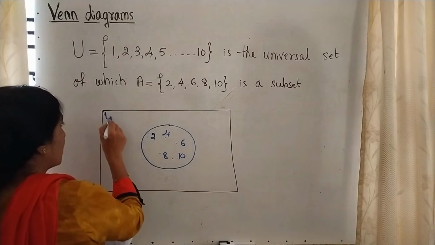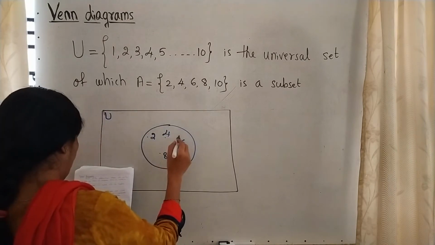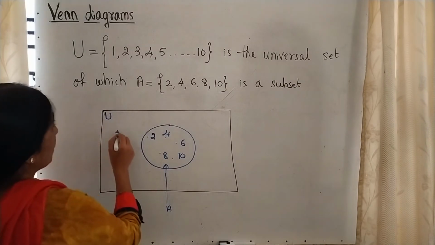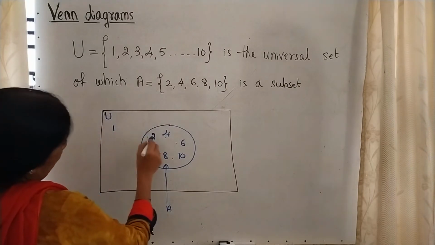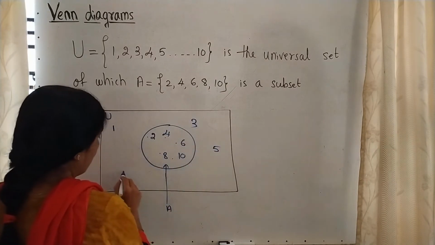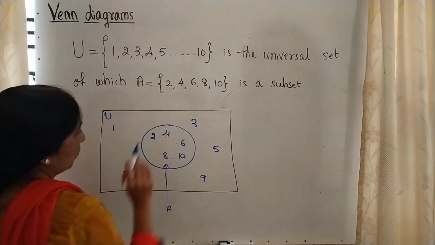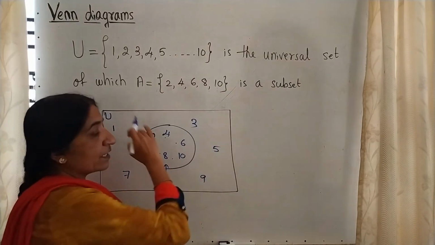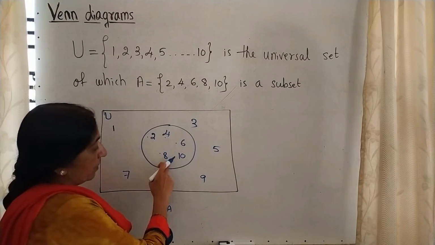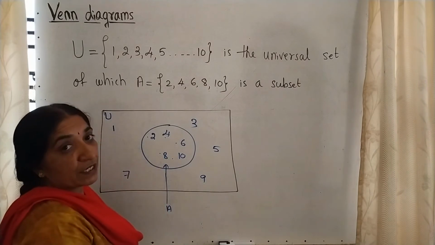This is the universal set and this is set A. In the universal set, 1 is not there; 2 we already wrote, so don't write it again. 3, 5, 7, 9, wherever you want you can write. So the rectangle is the universal set and this is a subset. Like this we represent the Venn diagram.